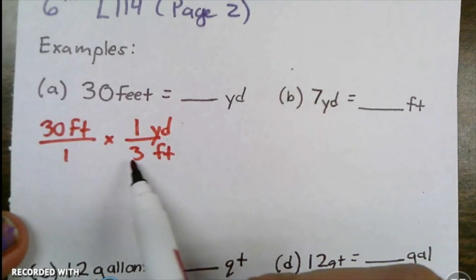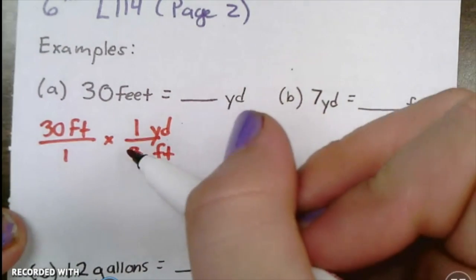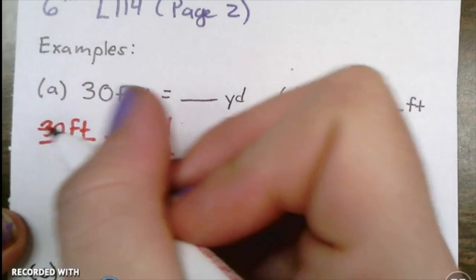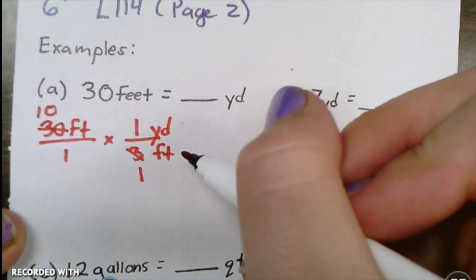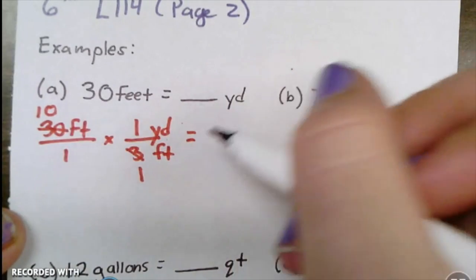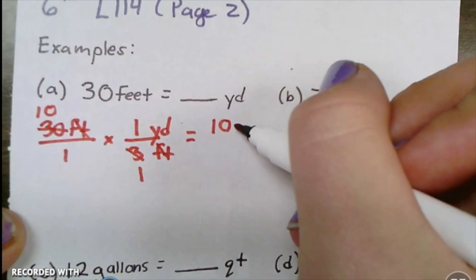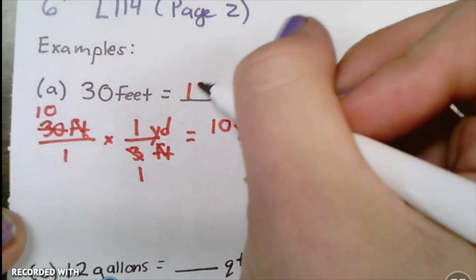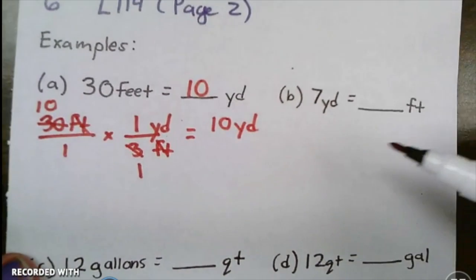Make sure that you match up the numbers with the right label. Look to see if anything will cancel. 3 goes into 3 once. 3 goes into 30 10 times. Multiply across. My feet canceled, so all that's left is 10 yards. Isn't this easy? All right, next one.